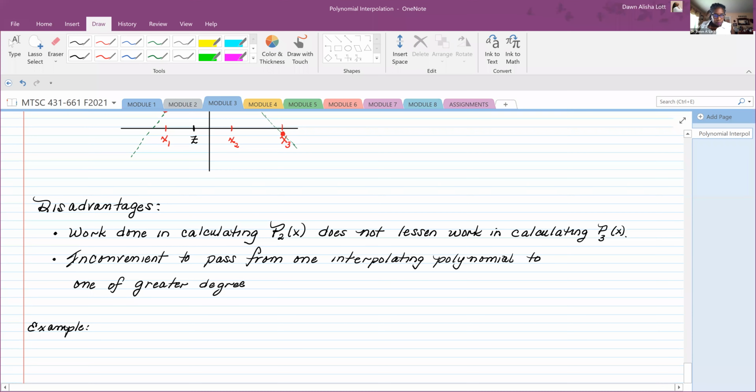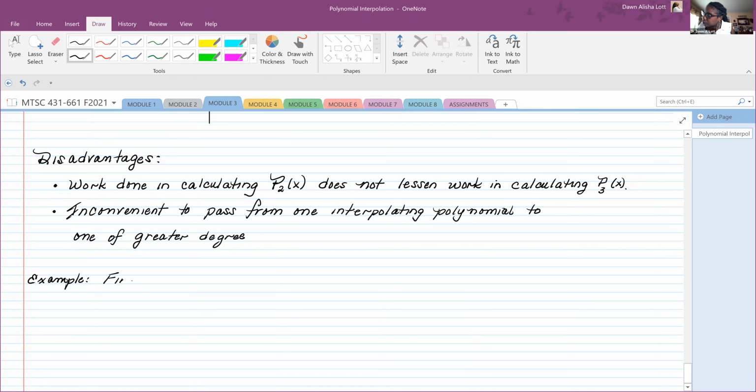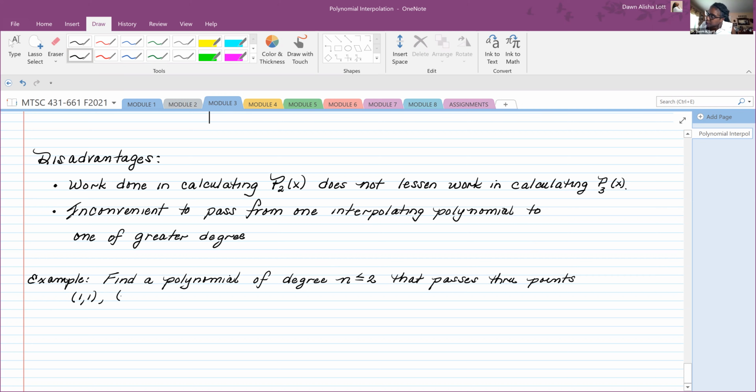So find a polynomial of degree n less than or equal to 2 that passes through the points 1, 1, negative 1, 2, and 0, 3.